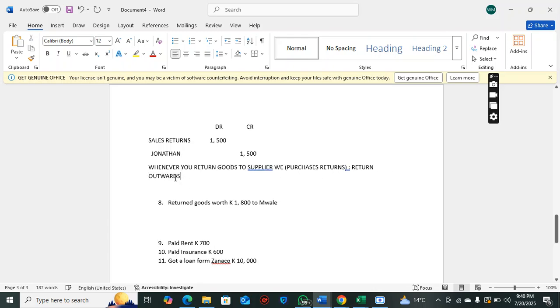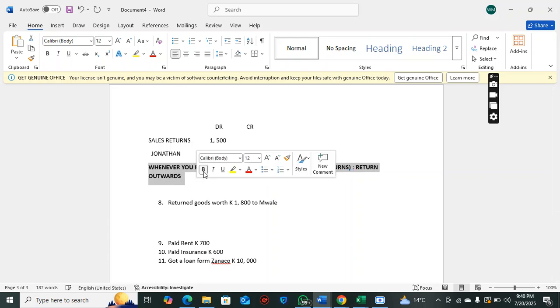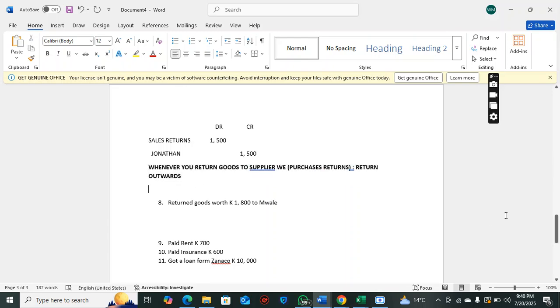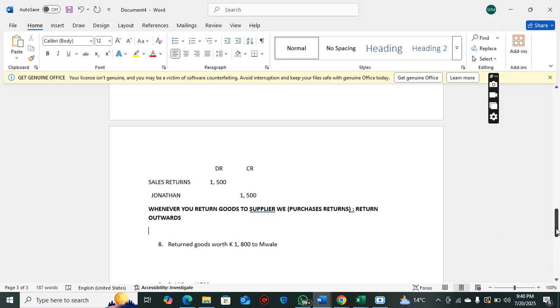It's reducing your purchases expense. Remember our purchases expense at first was 7,800. Now we've returned goods, so it means that purchases expense has to reduce. Then another thing that is reducing is our liability, what we're owing Mwale. We're owing him 7,800. Now we've returned goods to him worth 1,800. So how much we're owing him also reduces.